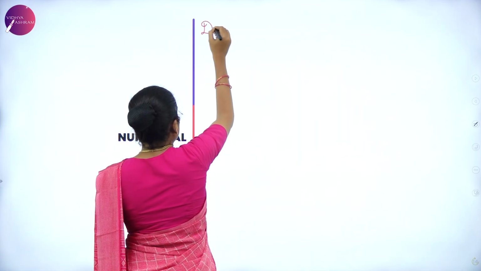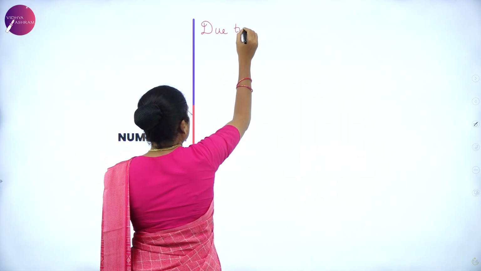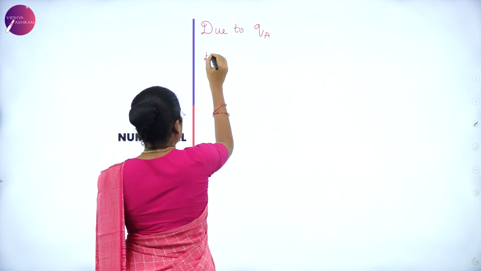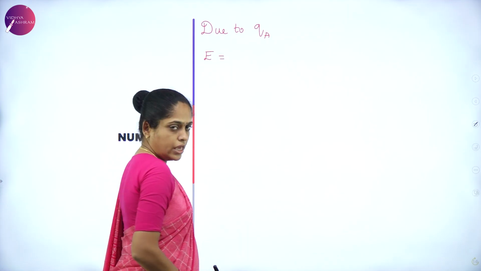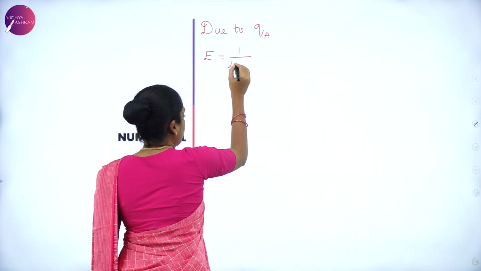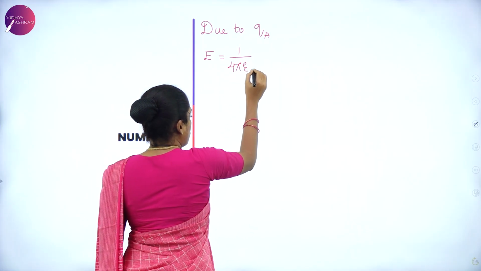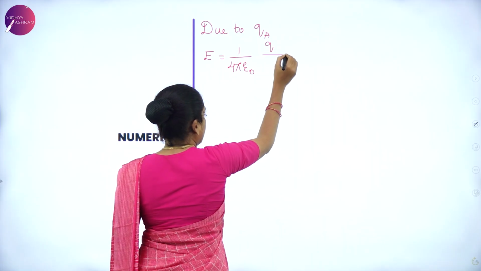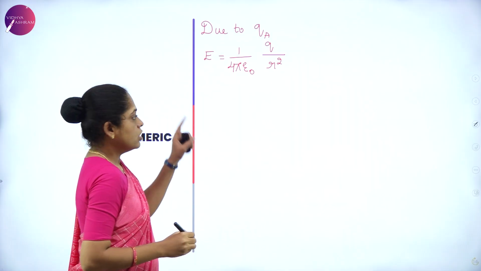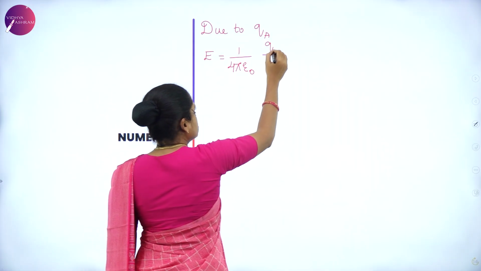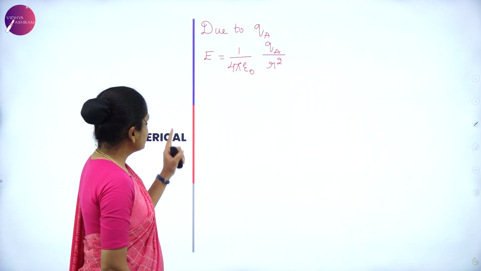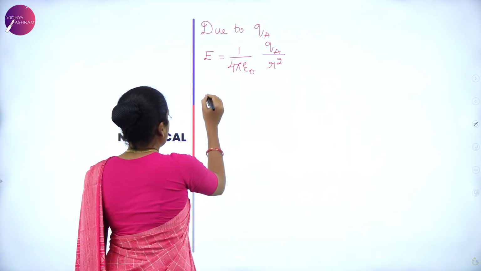First, let us calculate due to QA. Electric field is given by E, whose formula is 1 by 4 pi epsilon naught Q by R square. The Q is the charge which is placed at point A. Now let us substitute the values.